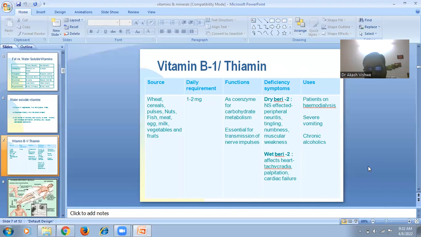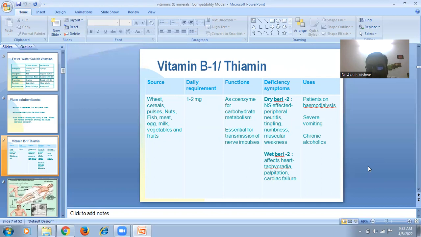It has two types: dry beriberi and wet beriberi. In dry beriberi the nervous system is affected. It causes peripheral neuritis, tingling sensation, numbness, and muscular weakness. While in wet beriberi, it affects the heart. It can cause tachycardia, palpitation, and cardiac failure.